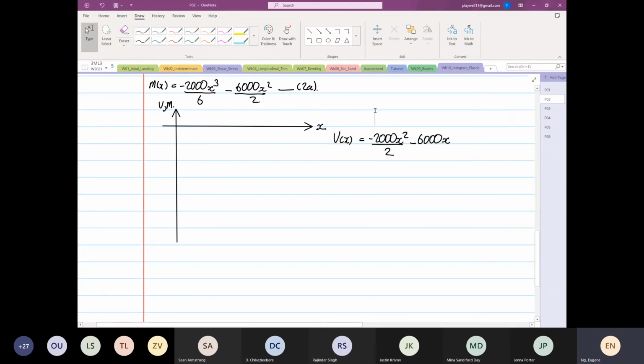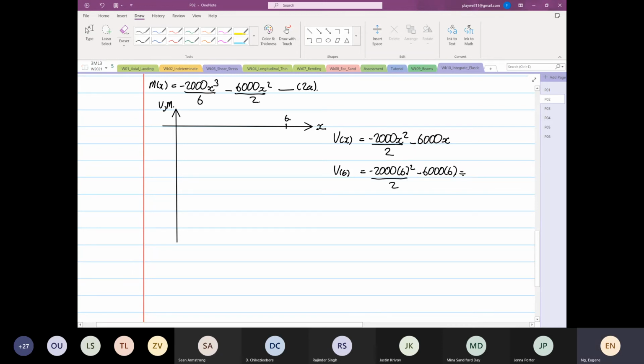Right. So we know at 6 we need to find the ending, right? So at 6, V at 6 is equal to minus. So we just substitute. Right.